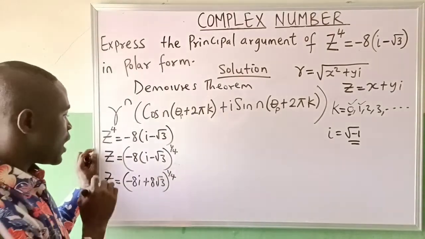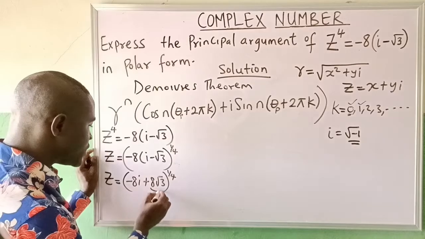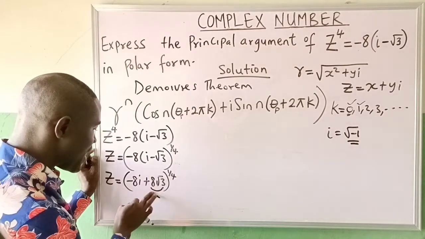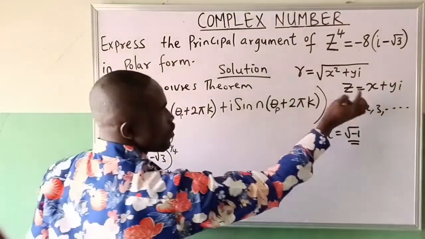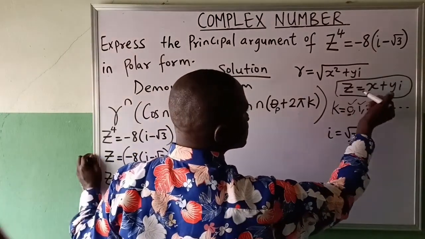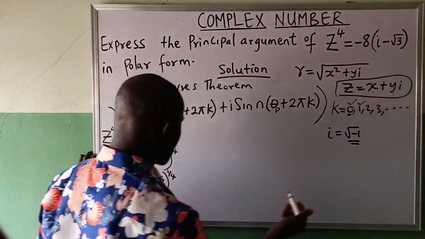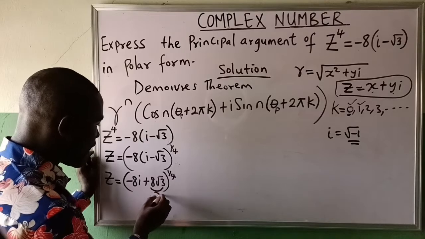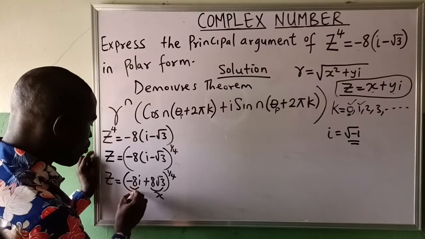Okay, now I will call this my real part, that is my x, because when you have a complex number this way, this is the real part and this is the imaginary part. So you call this your x and call this your y.